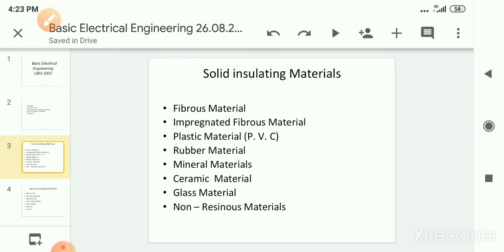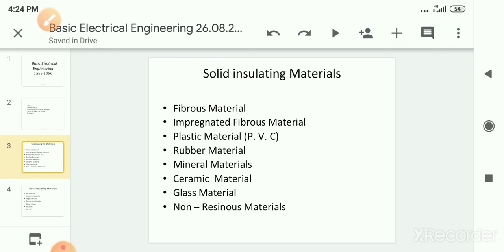After that, plastic materials, natural and synthetic plastics. In synthetic, thermosetting and thermoplastic materials were also studied. After that, rubber materials, natural rubber and synthetic rubber. Depending upon their properties, those materials are used in different types of applications. And mineral materials were also studied.